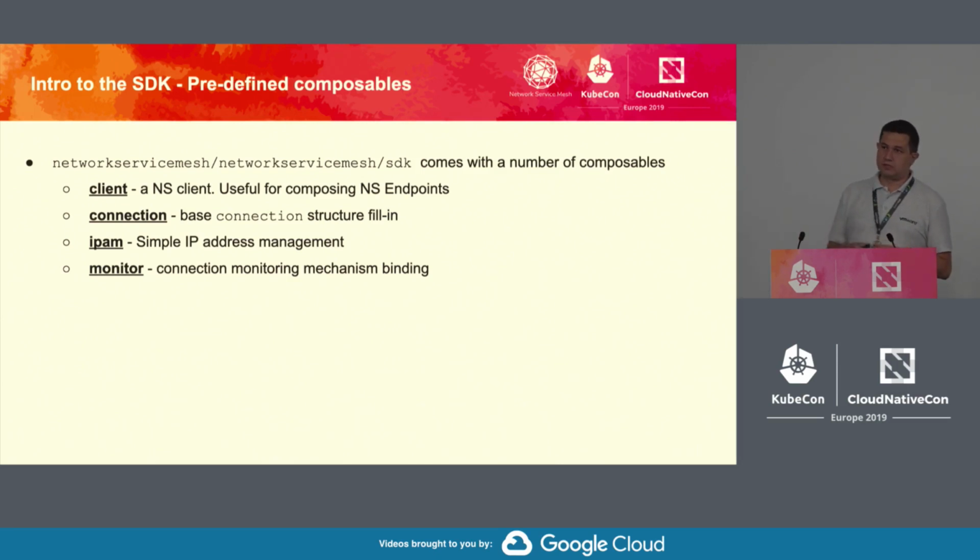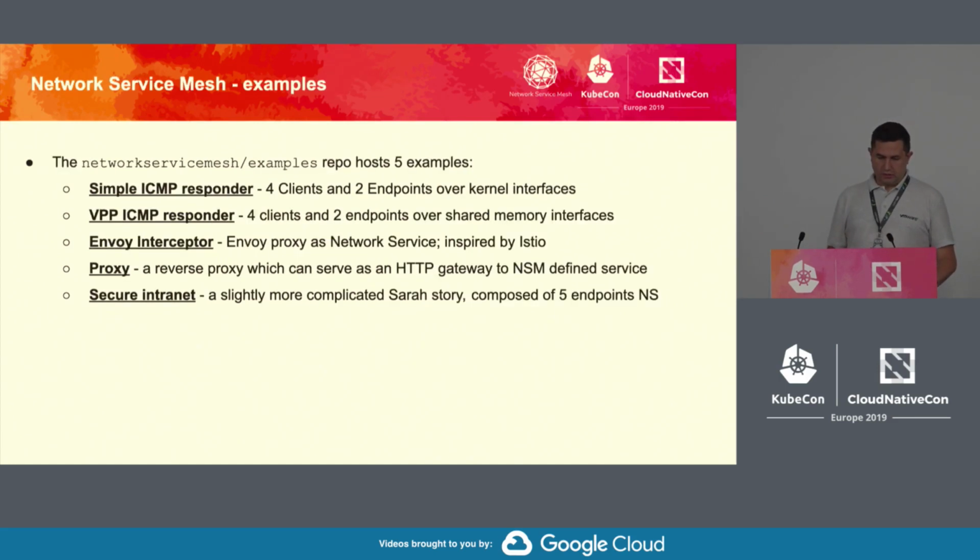It also supports IPv6, and distributes IPs for all the incoming connections, for all the point-to-point connections. This, of course, is optional. It's not bound to network service mesh. If you want to use IP connectivity, this is the composable that you should put in your endpoints.